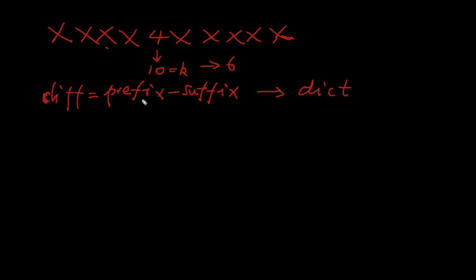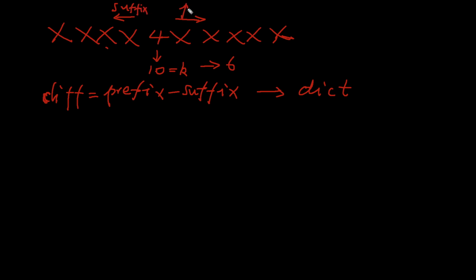So keep in mind, we have a prefix subtract suffix here. It means that any suffix on the left of 4 will be increased by 6, right? And on the other side, all the prefix on the right, basically this is a suffix, right?